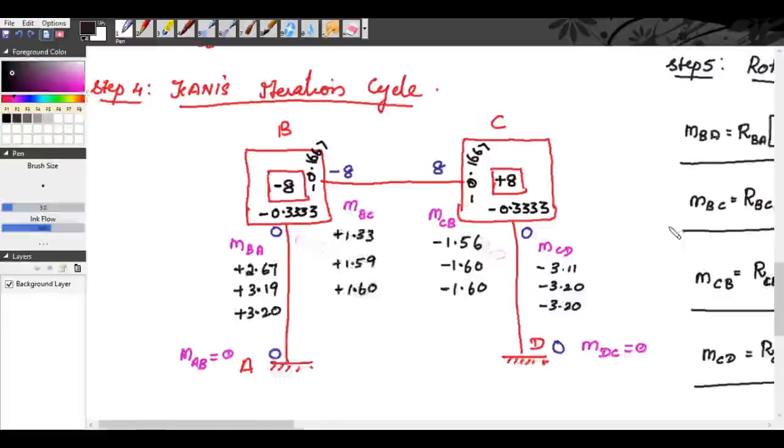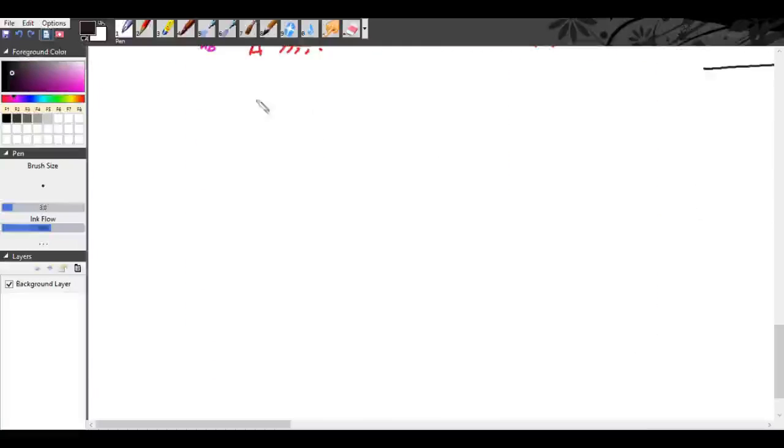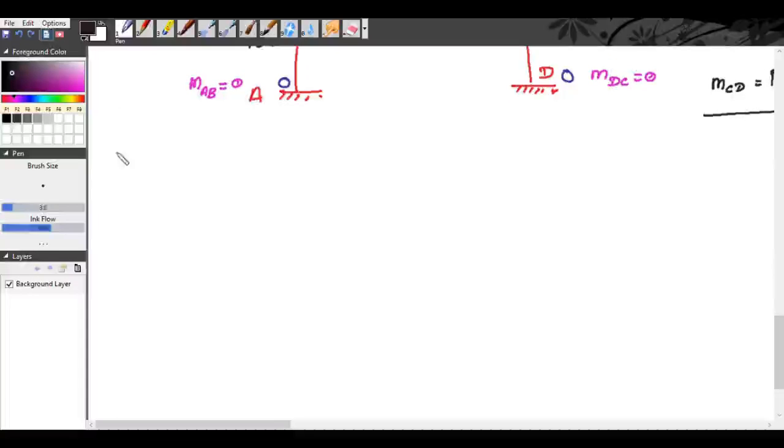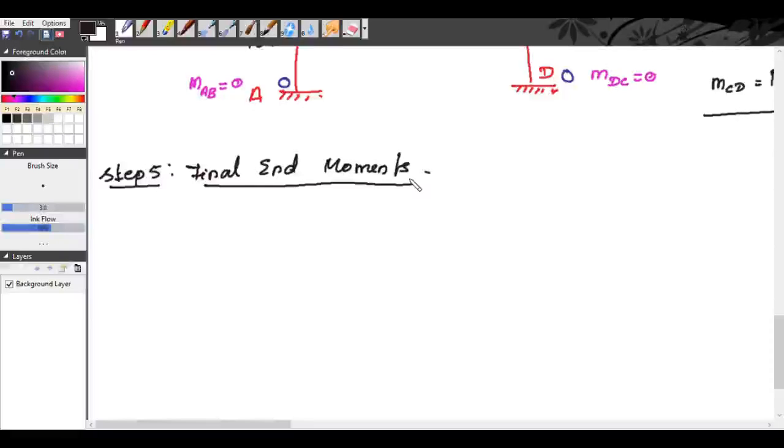So, step 5 is the final end moments. As I have explained earlier, this Kani's method is an extension of the slope deflection method.